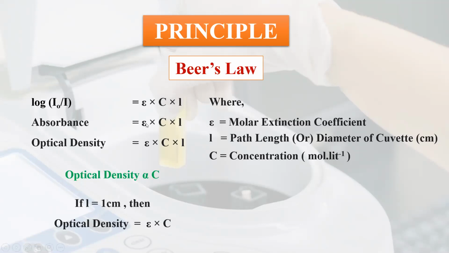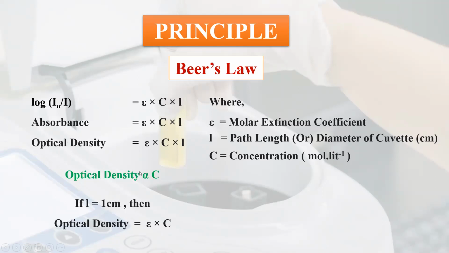Absorption is equal to epsilon CL, and optical density, OD, is also equal to epsilon CL. As I already told, there are two options: we can take the optical density mode, or we can take the absorption mode.